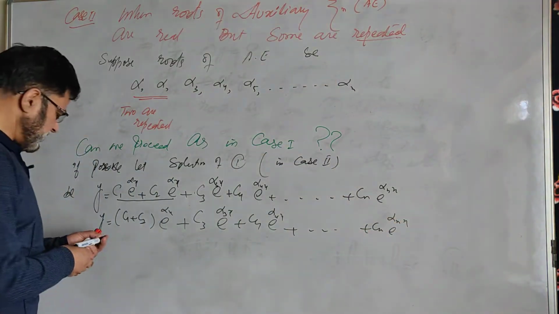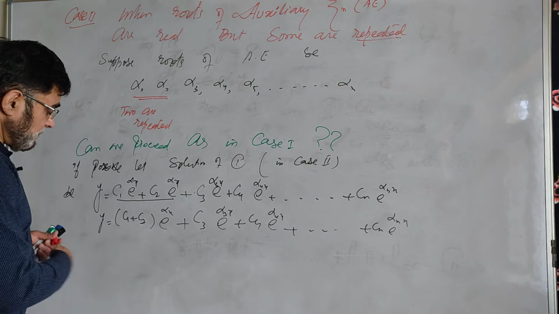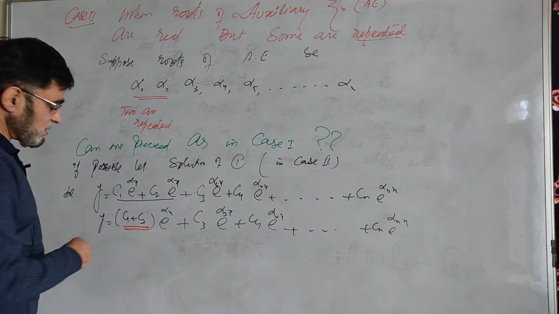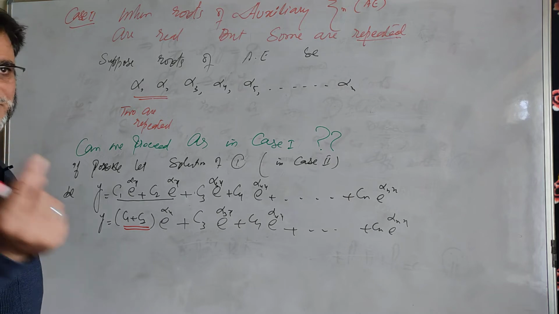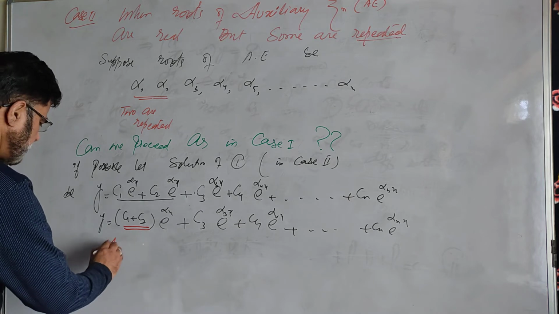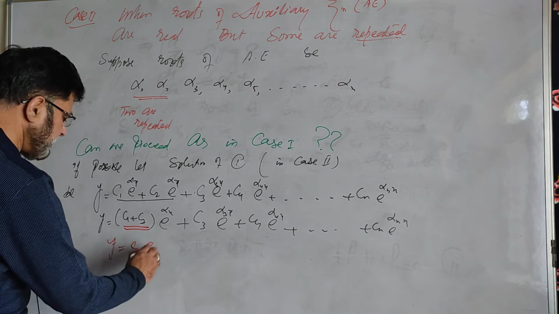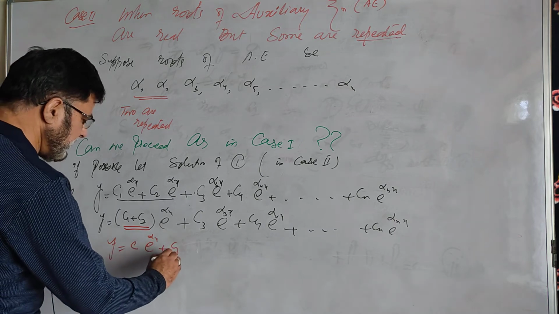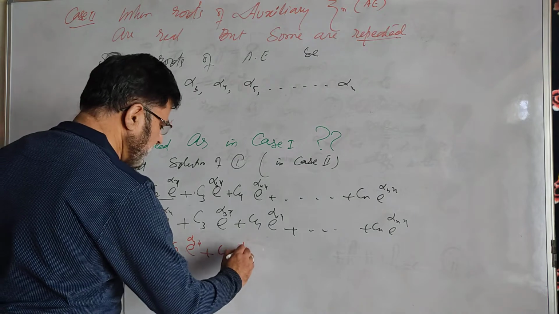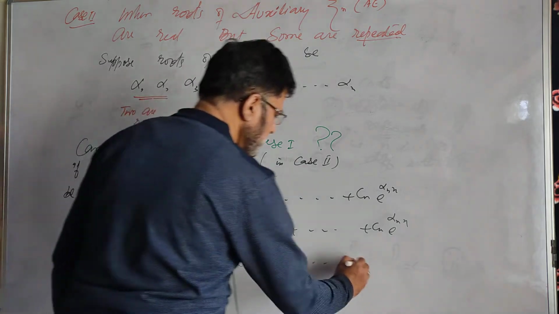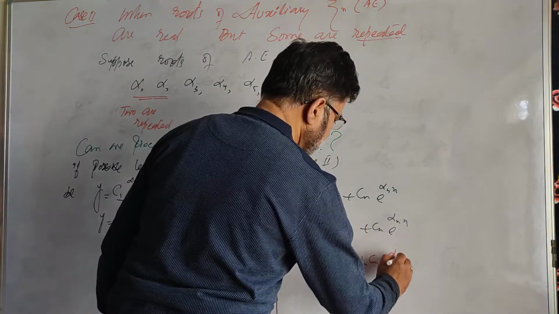This is c1 plus c2, constant plus constant, it reduces to a single constant, so these are not two now. This is y is equal to c e raised to the power alpha x plus c3 e raised to the power alpha 3x plus c4 e raised to the power alpha 4x plus so on plus cn e raised to the power alpha nx.